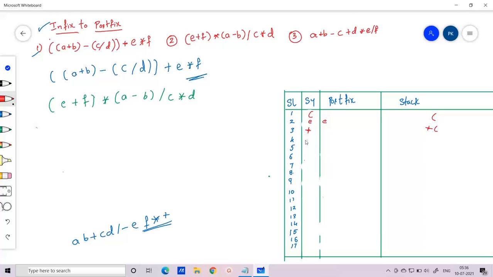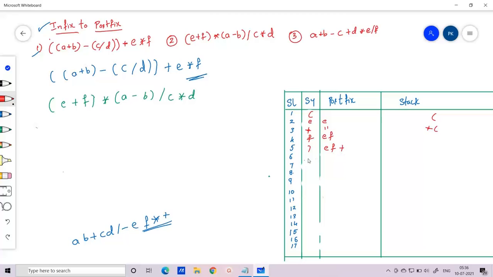Next I have F, which is an operand, so I'll add that into the postfix, that is E and F. Next we have the fifth character, which is a closing bracket. Once you see a closing bracket, until you find an opening bracket, whichever operators are there, everything has to be removed and written onto the postfix. So I'll get E, F and plus.